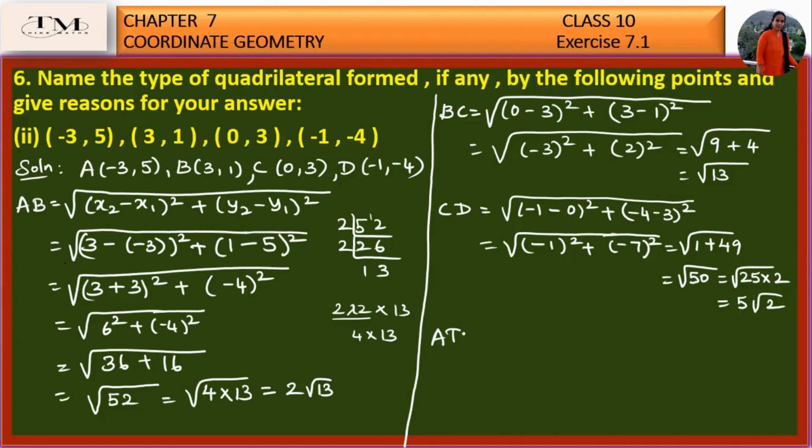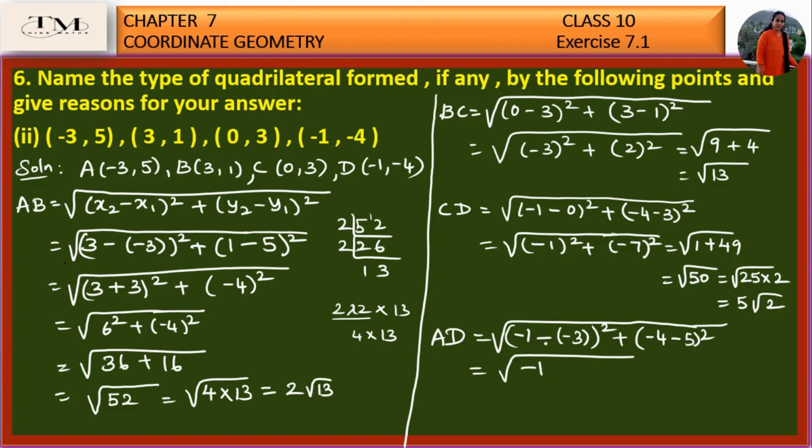Next AD. AD is equal to the square root of, what is x2? x2 is minus 1 minus x1 which is minus 3, close the bracket, whole square, plus y2, which is minus 4 minus y1, which is 5, close the bracket and put square.